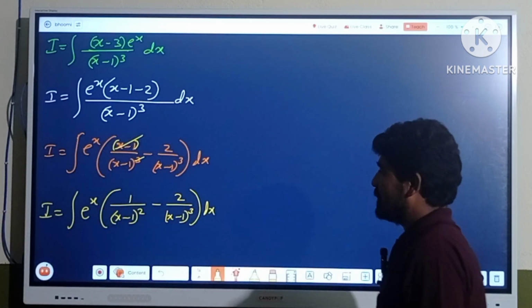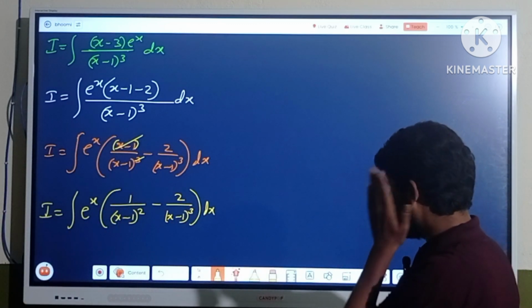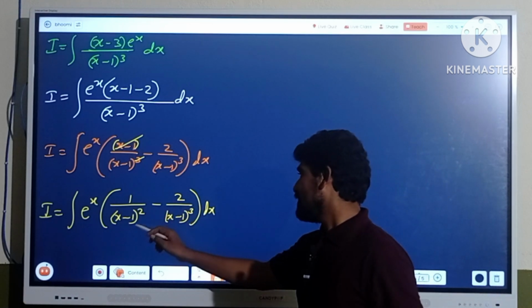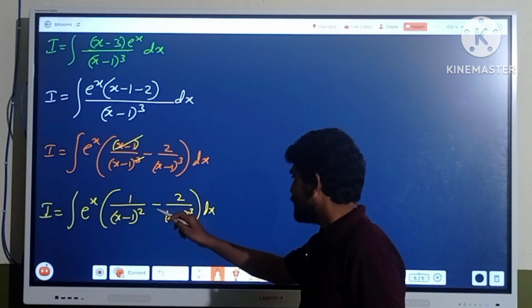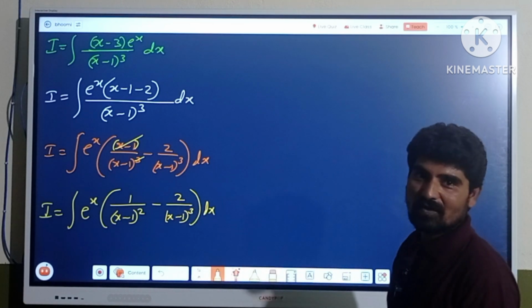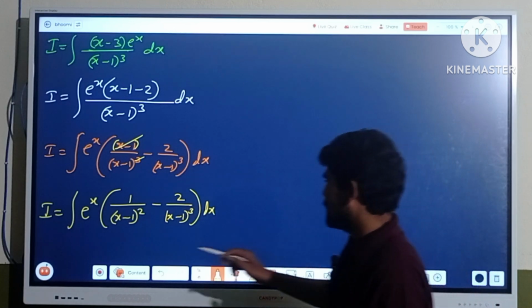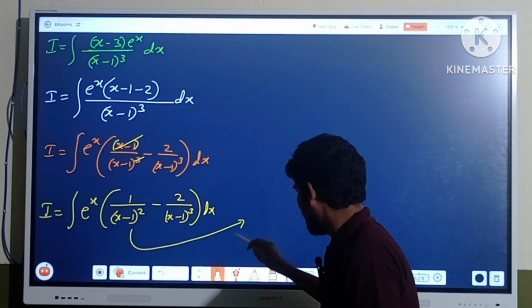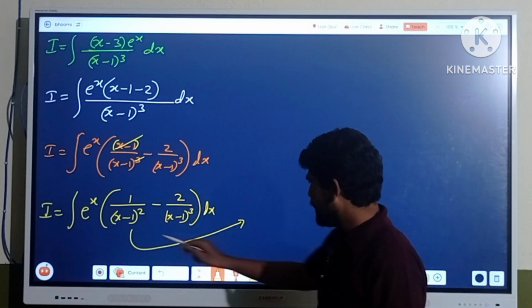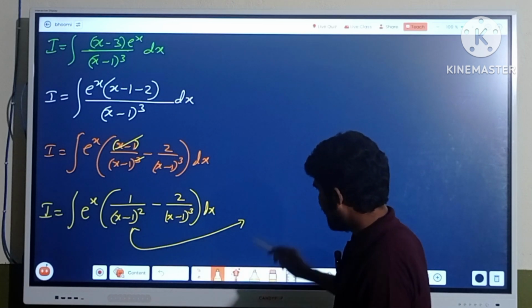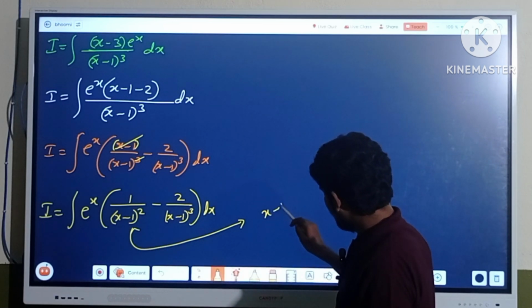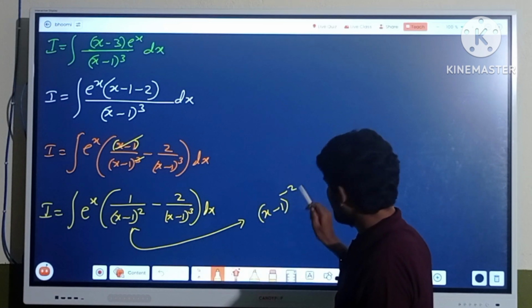So here you can observe deeply that the derivative of 1 divided by (x minus 1) whole square is minus 2 divided by (x minus 1) whole cube. I can prove it here: 1 divided by (x minus 1) whole square can be written as (x minus 1) power minus 2.